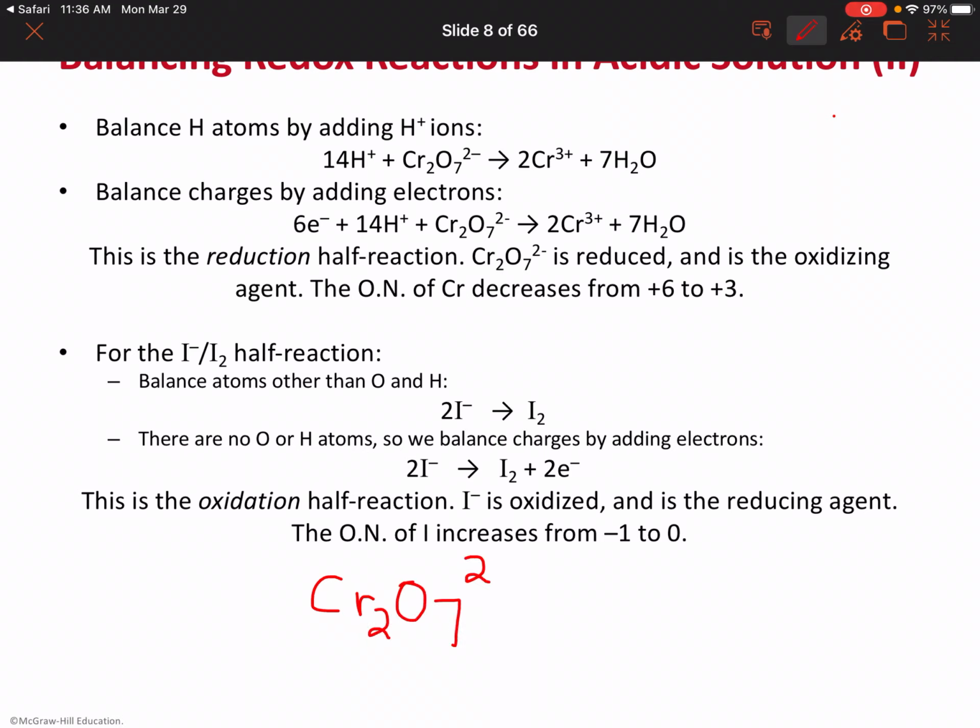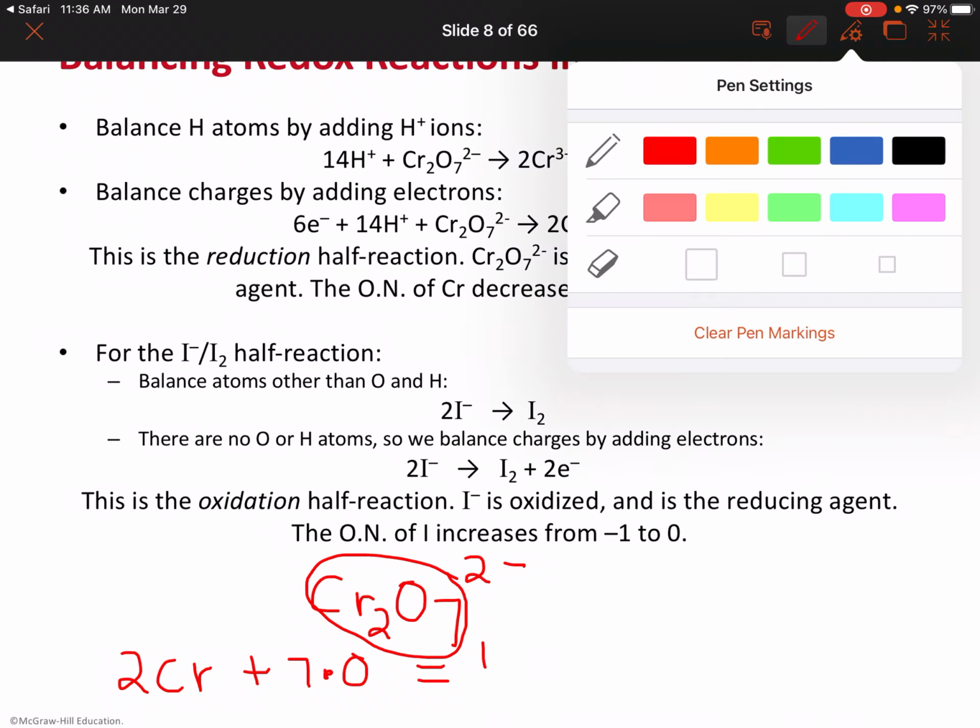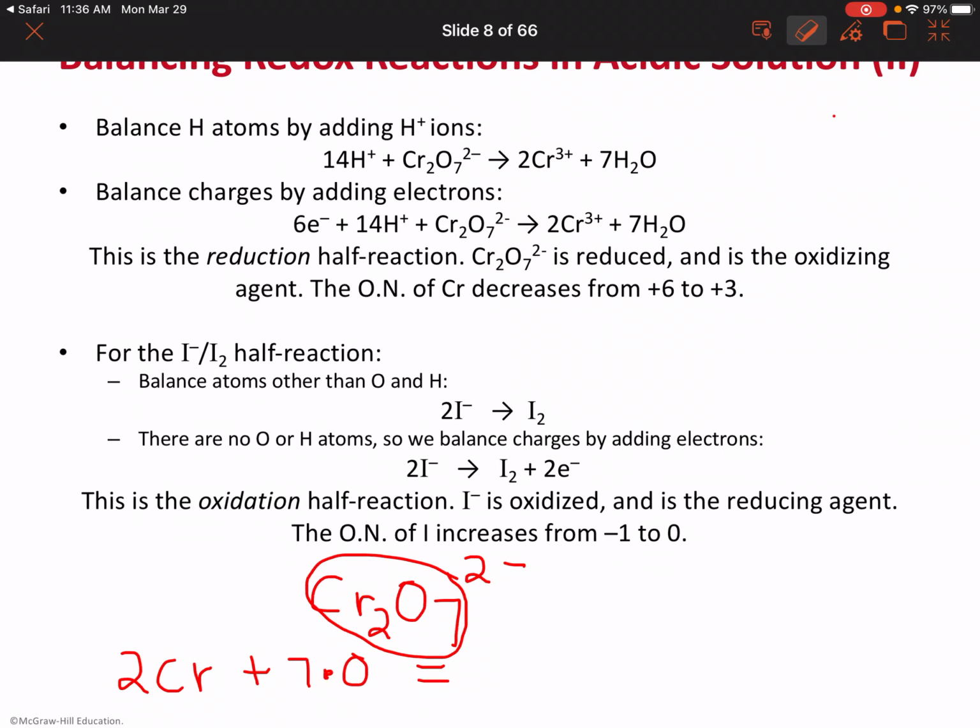Cr2O7 has a charge of -2. So the whole complex charge is -2. So 2 chromium ions plus 7 oxygens, their charges when added up should equal -2.